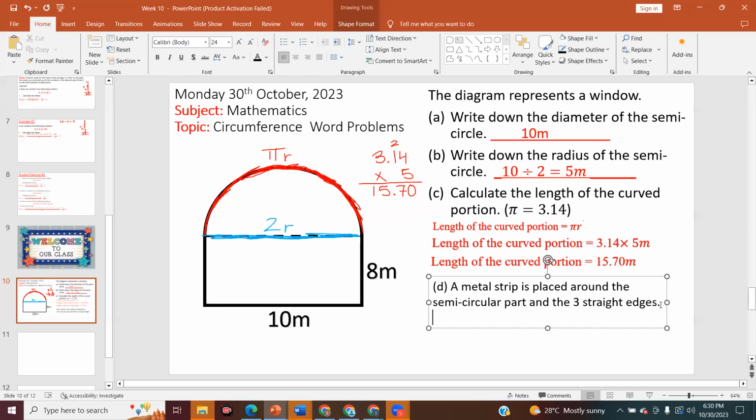The question is, what is the total length of the metal strip needed?